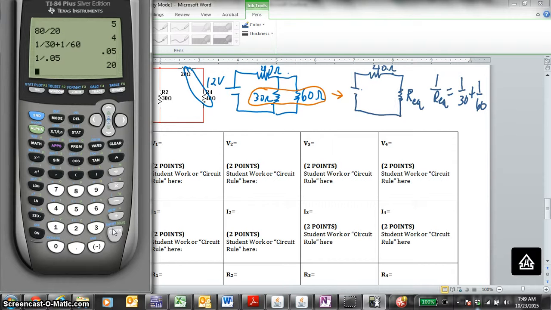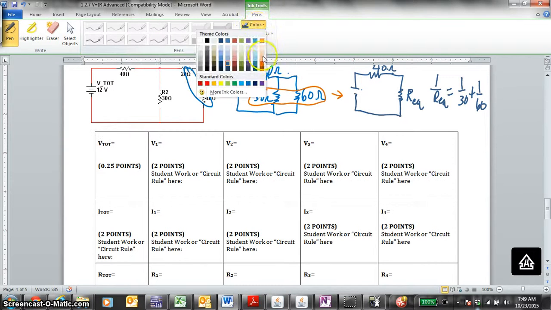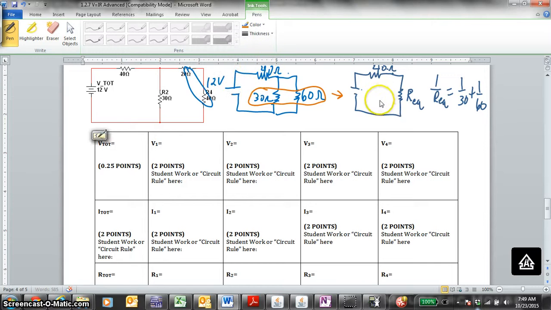That is a 20 ohm resistor. So this is where circuits get a little more complicated. Hopefully you understand that 3 resistors, a 40 ohm in series with a 30 ohm and 60 ohm in parallel, is essentially a 40 ohm and a 20 ohm resistor.